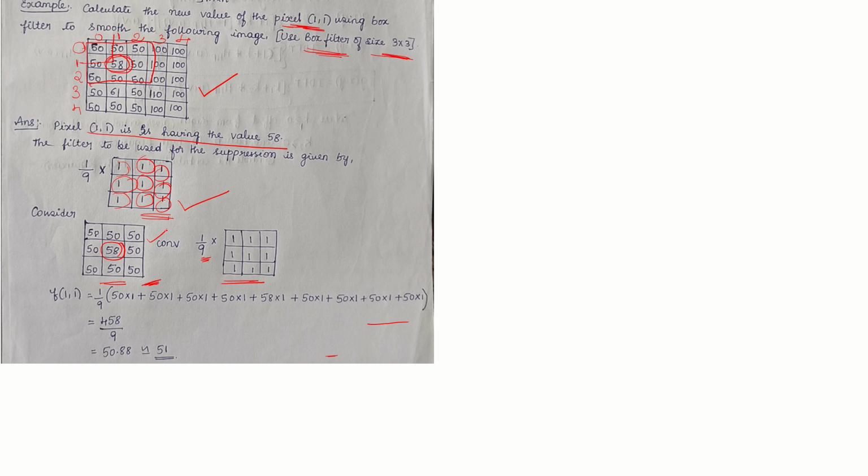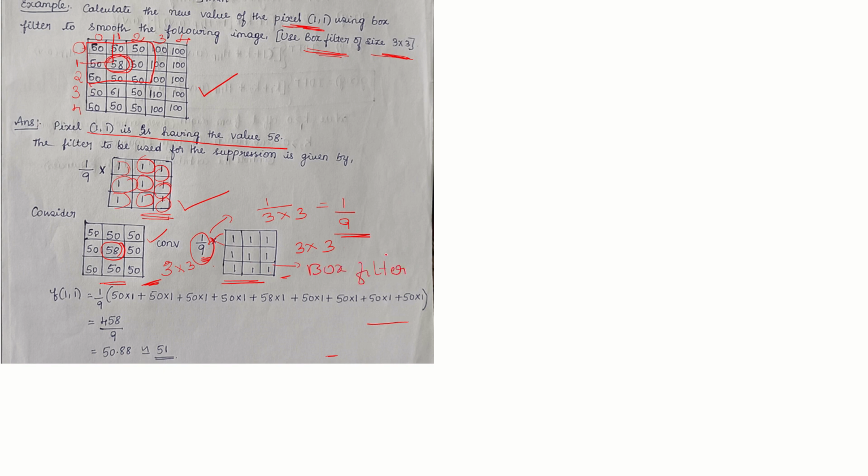The image I am considering is 3 comma 3 here, and the filter size is also 3 comma 3. So this is 1 by 3 comma 3, which is nothing but 1 by 9. Multiplying this with 1 1 1, this is the box filter I am considering.